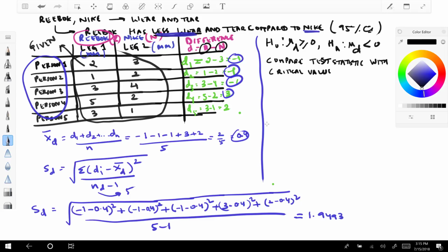Our test statistic formula is T, because we have only 5 samples we will be using the T stat: xd bar minus mu D, divided by SD by square root of ND.